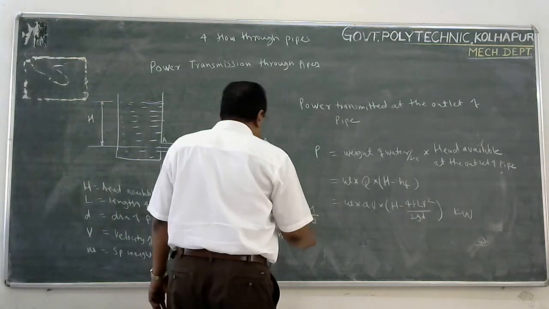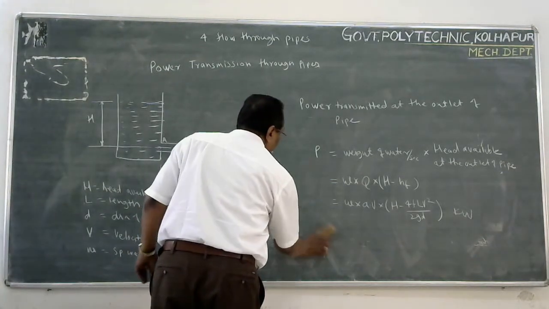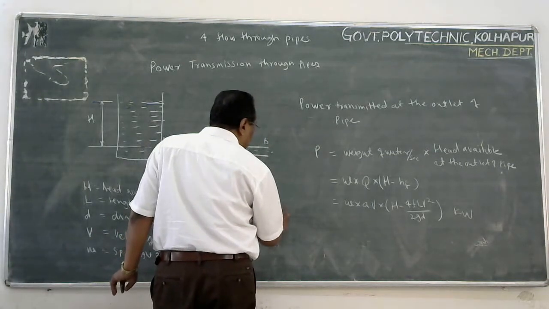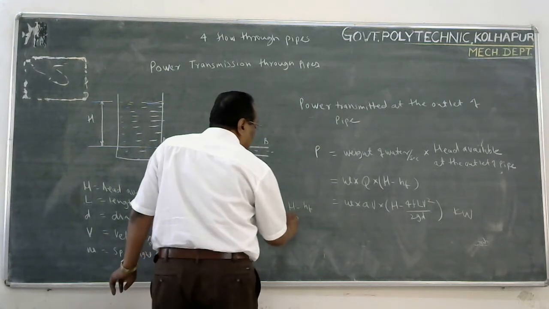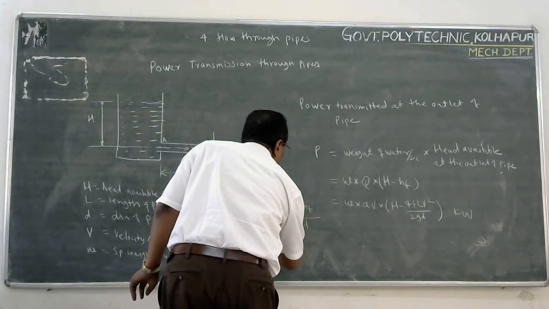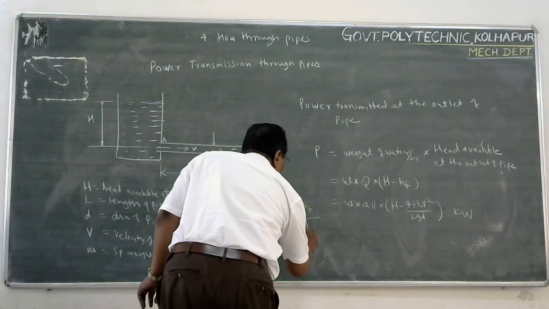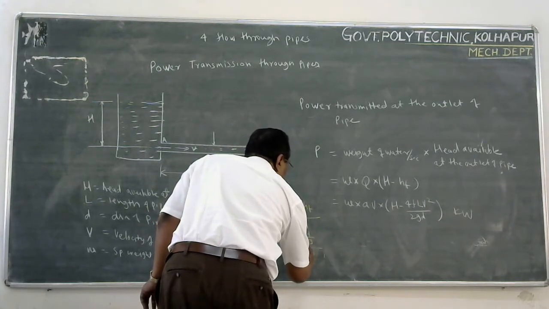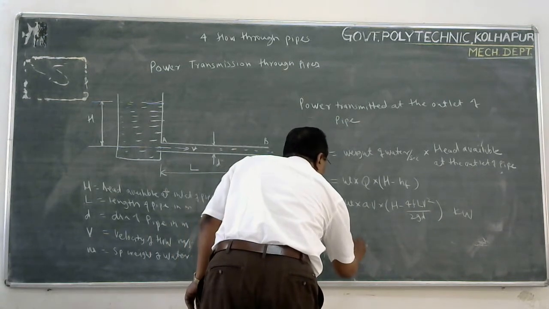So efficiency of transmission, we know that efficiency is equal to H minus HF divided by H. That is H minus H upon 3 divided by H, which is 1 minus 1 upon 3.